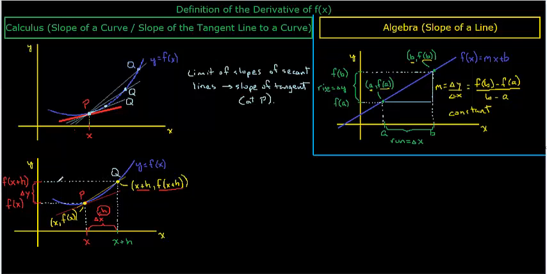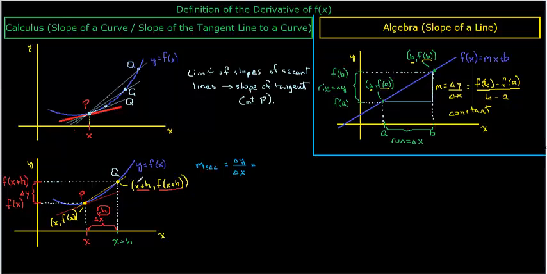So the y coordinate of this point Q is f of x plus h. The y coordinate of this point P is f of x. And so we want to find the slope of this secant PQ. The slope of the secant PQ is equal to the same thing as we had in algebra. It's the change in y over the change in x.